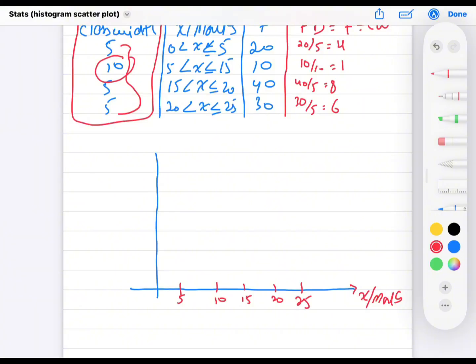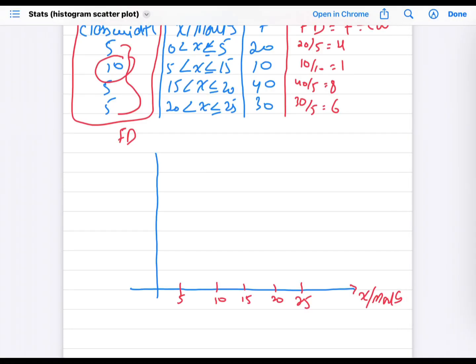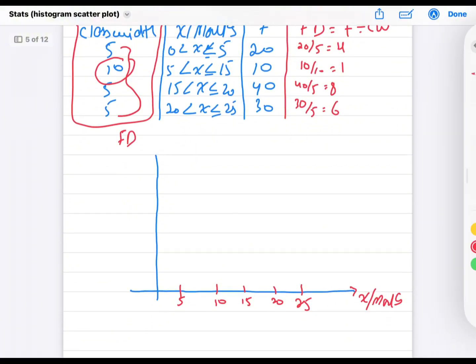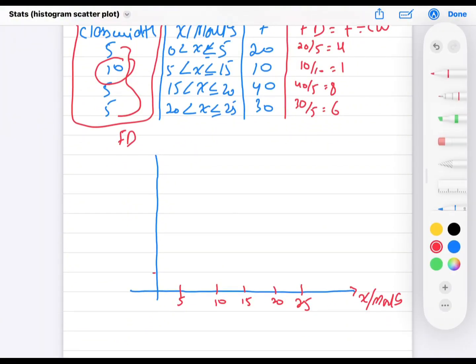Okay. Now this y-axis will be converted to frequency density. The highest frequency density is 8, so I have to move till 8. So that's why I will write numbers till 8: 1, 2, 3, 4, 5, 6, 7 and 8.